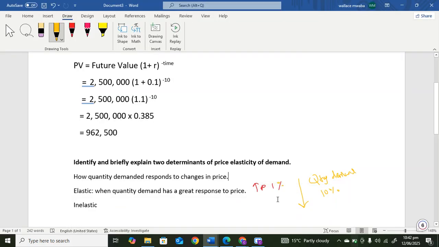So if, for example, price drops by 3%, quantity demanded will rise by 30%. That's also an example of elastic demand, because quantity demanded is very sensitive to price. It will respond even to small changes in price. That is elastic demand. Just hold on, let me correct something.